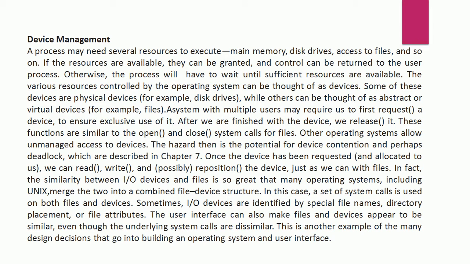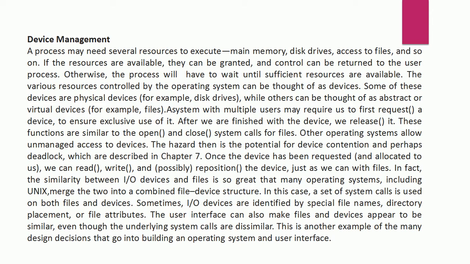The various resources controlled by an operating system can be thought of as devices. Some of these devices are physical, such as disk drives. Others can be thought of as abstract or virtual devices, such as files.